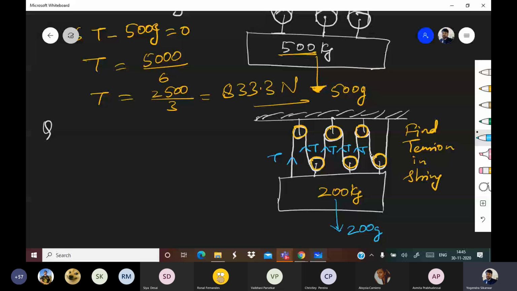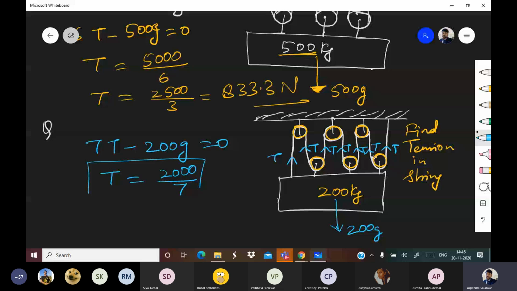So T comes out to be 2000 by 7, and that's the answer. Samarth has calculated and Gargi also, 285.7. That's fine. Understood? Okay.